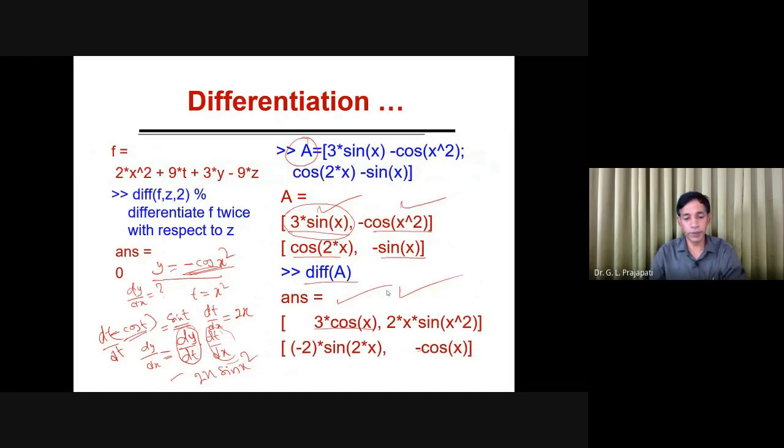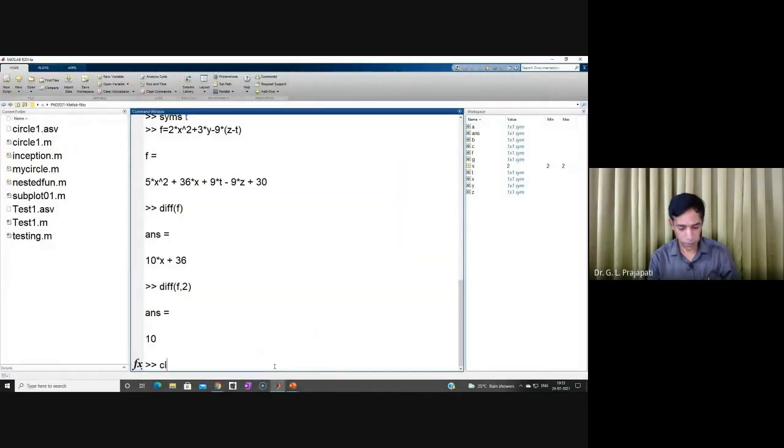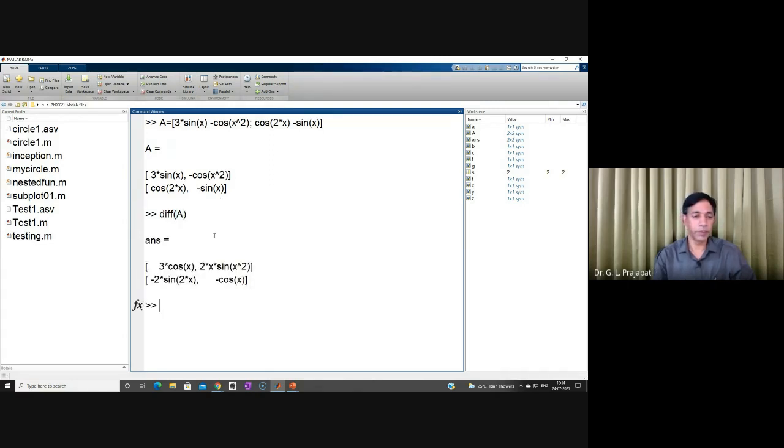See the same thing with the help of MATLAB. Then a is equal to this, so a is equal to this, 3 sin x, cos square x. You are getting a like this. Now if you are going to compute the differentiation, you are getting the answer like this.